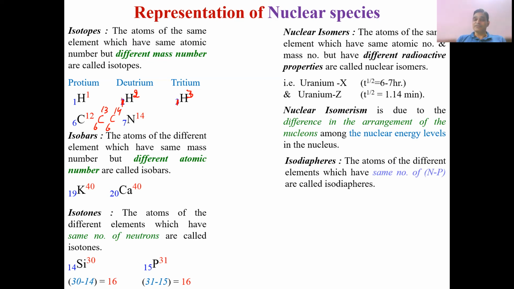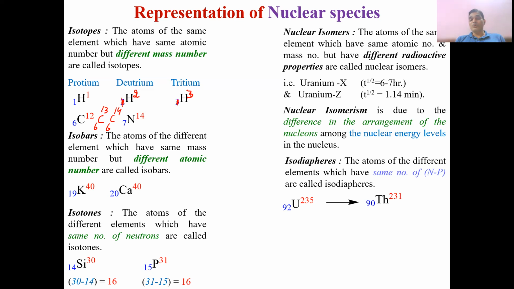What are isodiaphers? The atoms of different elements which have the same value of n minus p are called isodiaphers. So first of all, we have to determine n minus p. Let's take an example of uranium 92-235. Atomic number is 92 and the mass number is 235.